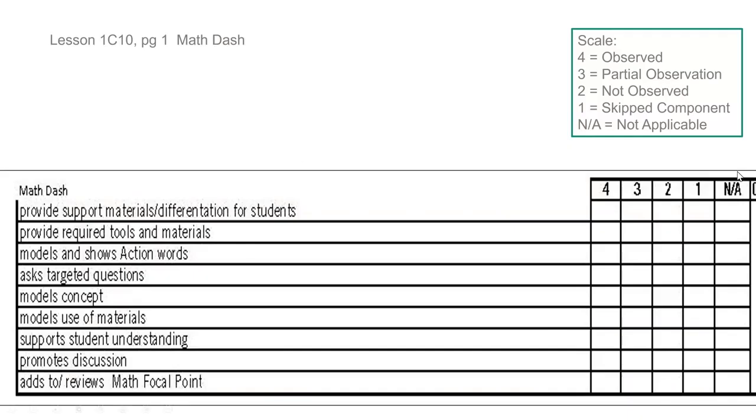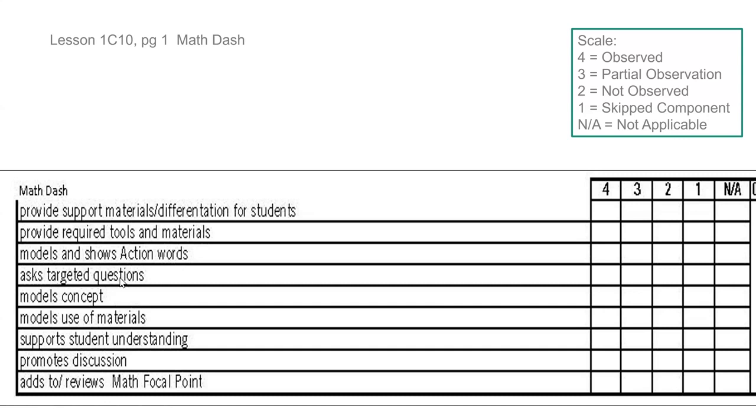Let me go a little bit too fast here for you. So this is what you're looking for in Math Dash. In Math Dash, this is the very first part of the observation: did the teacher provide support materials or differentiation for students? Did the teacher provide required tools and materials? Did the teacher model and show action words?